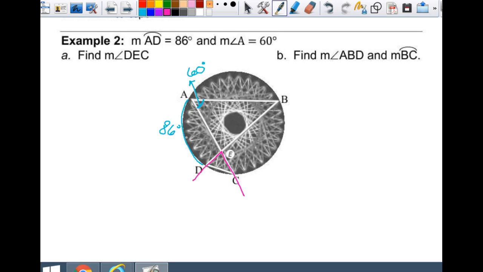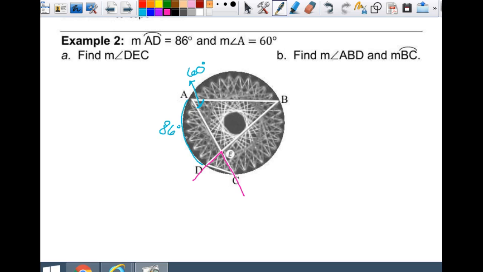Okay, so Adriana, did you find anything at all that was like you were on your way? Did you label anything else besides what I labeled? No? Okay. So tell me, if I can't find it using circle and angle properties, what else might I know that could help me find angle E?